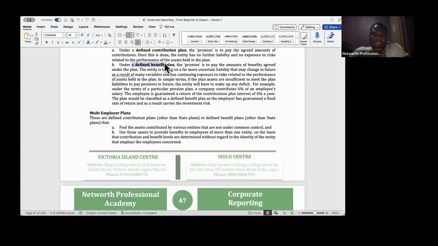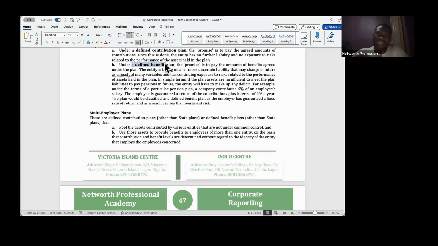It might not, so for that reason, you see, defined benefit plan requires valuations, and it is not accountants that do that. We are not trained to do those valuations. There are actuaries that do that. So they carry out actuarial valuations.